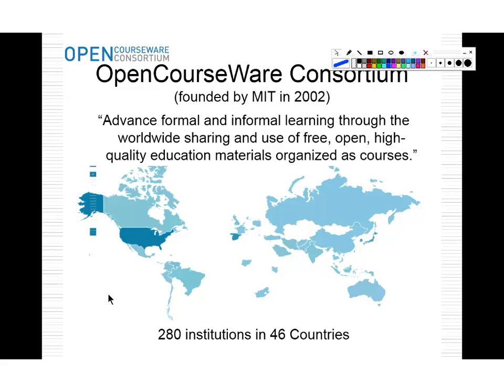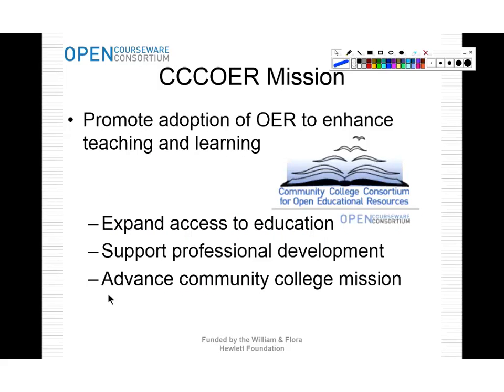Great. At the community college, we were started in 2007, actually at Foothill College in Northern California, but it was always meant to be a consortium. And we're all about expanding access to education. In fact, Dr. Martha Kanter, who some of you may know, was the chancellor there for many years, and then she was our Department of Education Undersecretary until just a couple months ago.